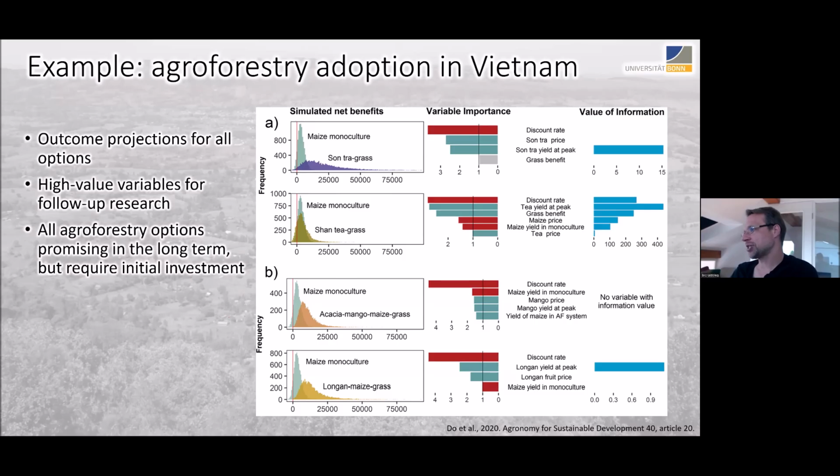The discount rate is an economic concept that indicates the extent to which farmers actually need income now compared to the future. So poor farmers usually need money very soon because they have to pay bills that they otherwise don't have any reserves for, and they can't wait for these trees to grow and actually yield fruit. And this was the major bottleneck that we identified here.